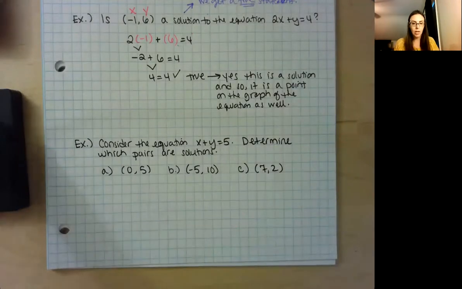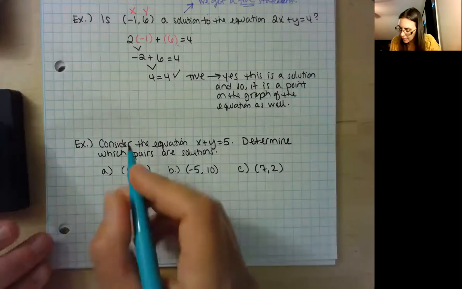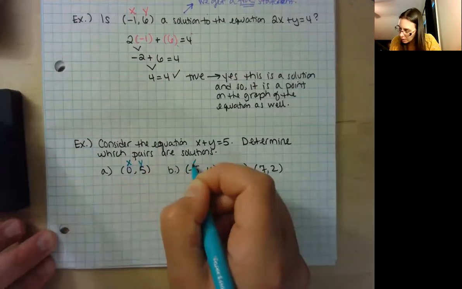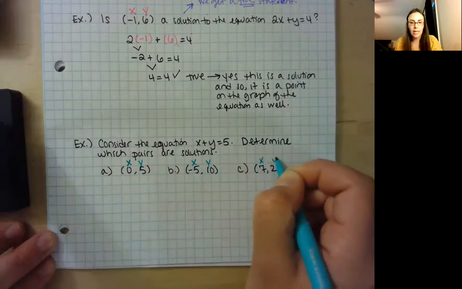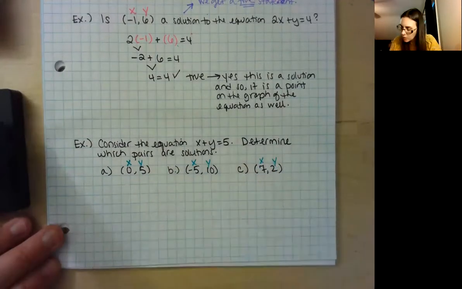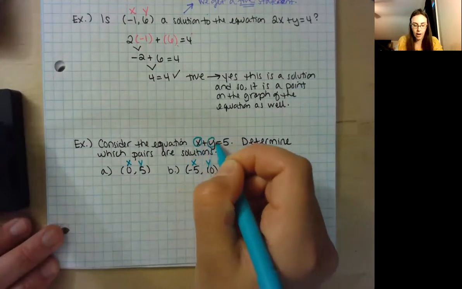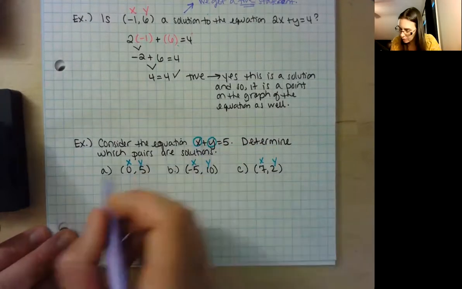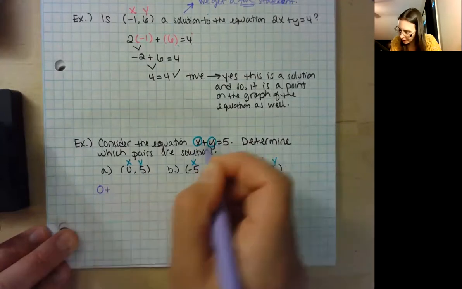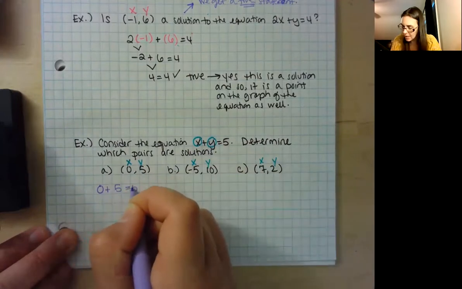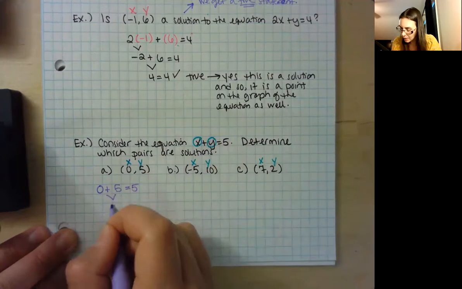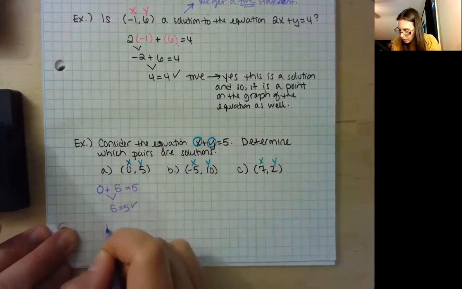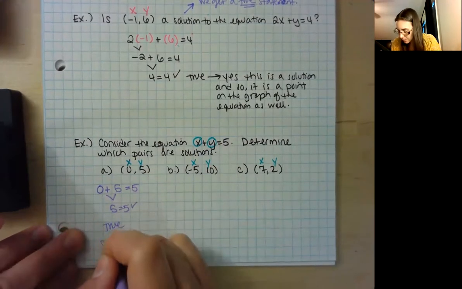So what we're going to do each time is go ahead and plug them in. And again, remember, if you need to write it out to help you, go ahead. Your first value is going to be your x value, and your second value is going to be your y value. So I'm going to take my equation and replace that x and y. So for the first one here, my x is 0, my y is 5, and I set it equal to 5. Well, 5 is equal to 5. This is true. So yes, this is a solution.